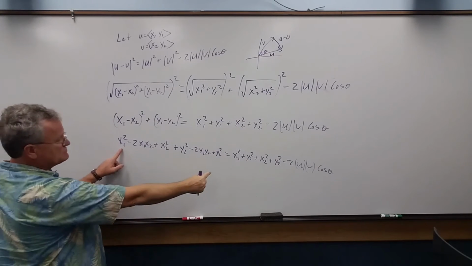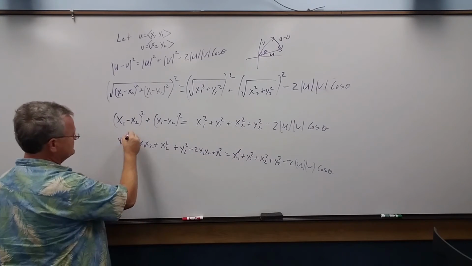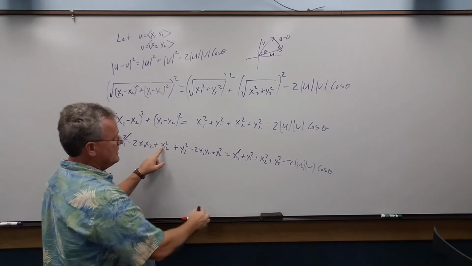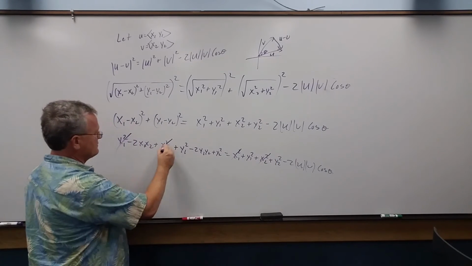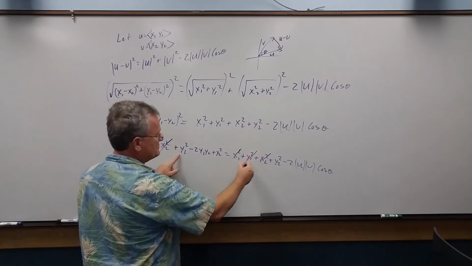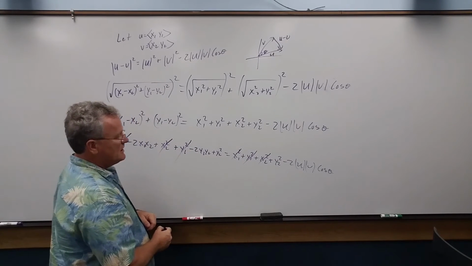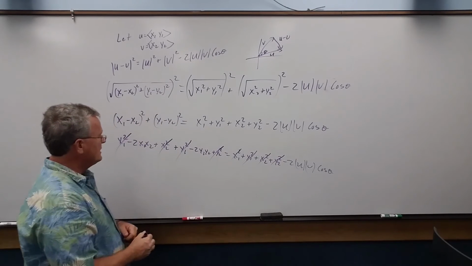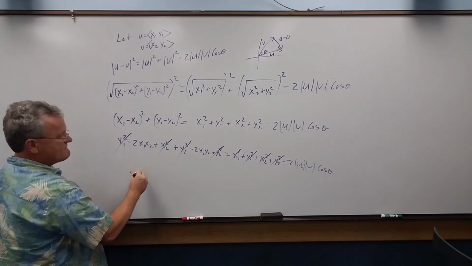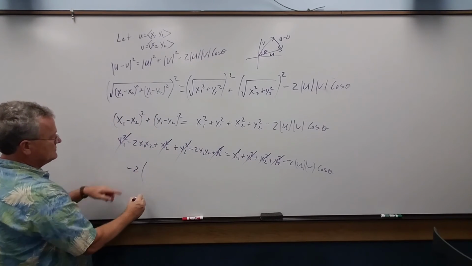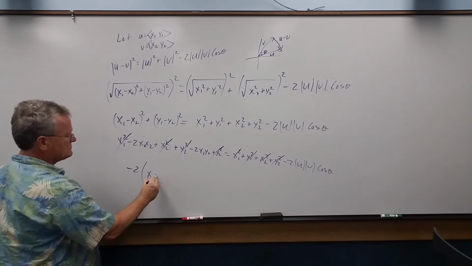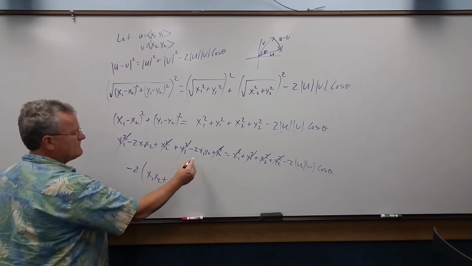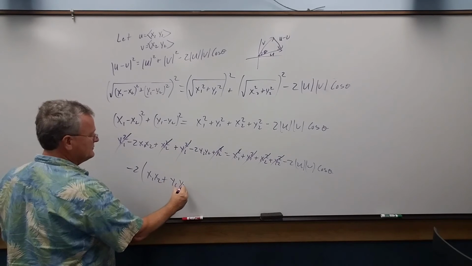Now if I subtract x1 squared from both sides, those zero out. The x2 squares zero out, the y1 square zeroes out, and the y2 square zeroes out. And we're left with this. Let me factor out a negative 2 from x1 x2 plus y1 y2.